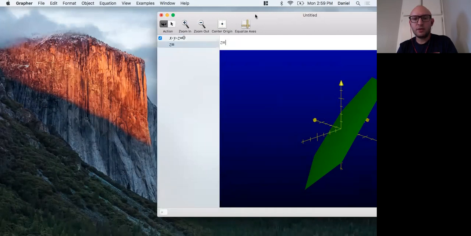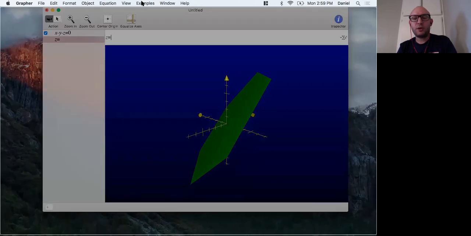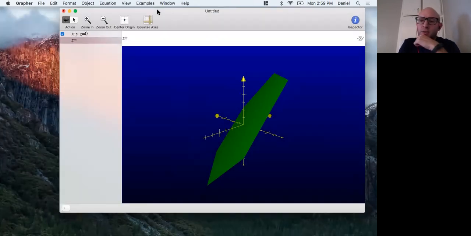Okay, now before I put this new equation in, can anyone tell me, if you have two infinite pieces of paper floating around in 3D space, what kind of object do they make when they intersect? You have two straight flat pieces of paper, and they're called planes. So two planes in 3D space.